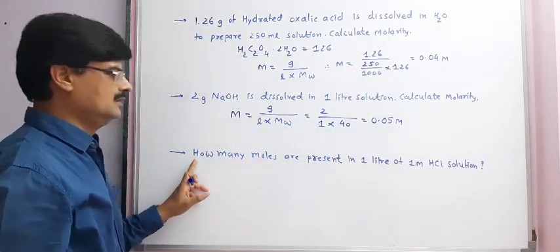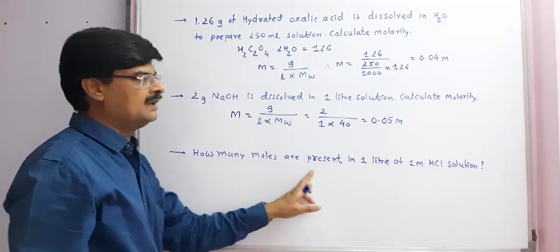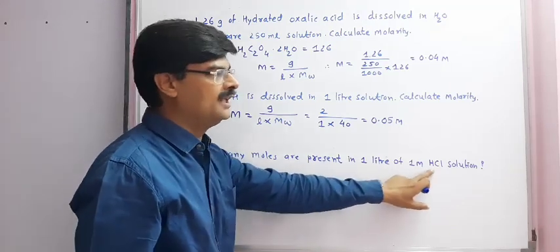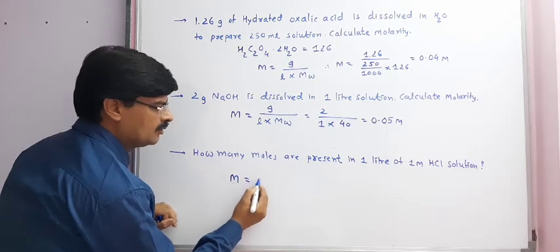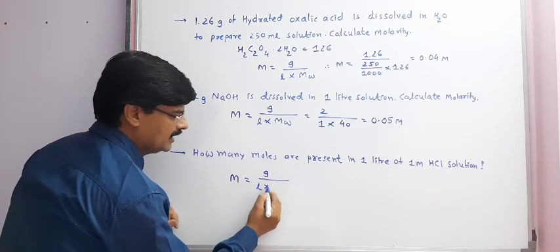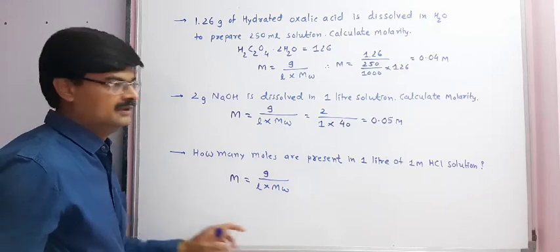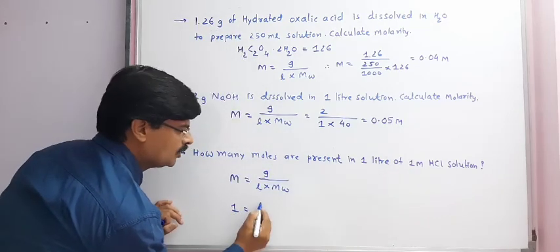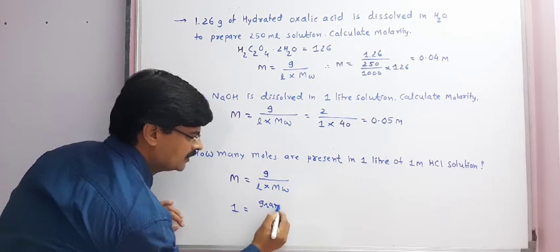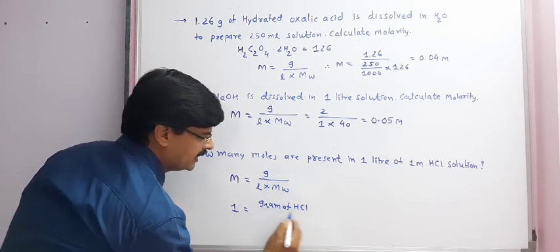Now in the next question, how many moles are present in 1 liter of 1 M HCl solution? Again, molarity is equal to gram per liter into molecular weight. Since it is given 1 molar, so 1 is equal to gram of hydrochloric acid.